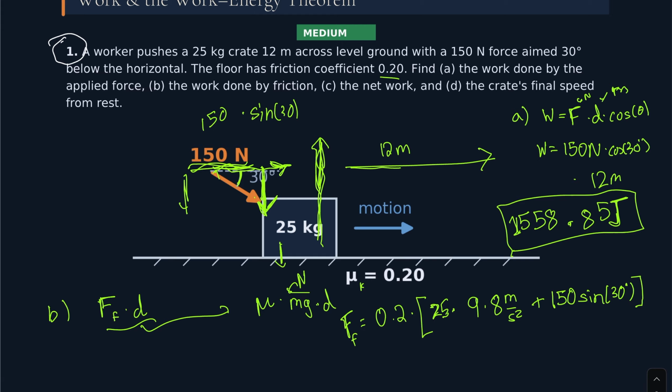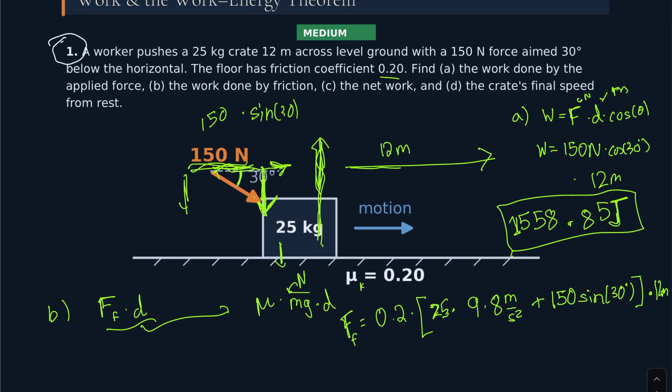And then what? Times the distance, right? That's your work done by friction, which seems to be 12 meters. So this should give you, so make sure to put your brackets here, right? Because this could get messy. 0.2 times bracket 25 times 9.8 plus 150 sine 30, so 25 times 9.8 plus 150 sine 30, okay, 320.